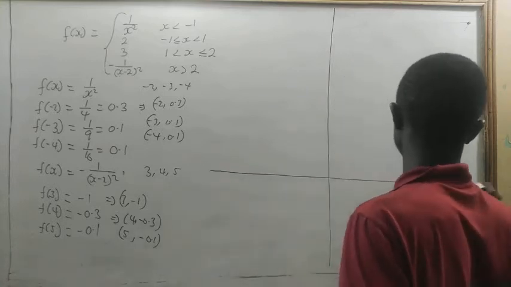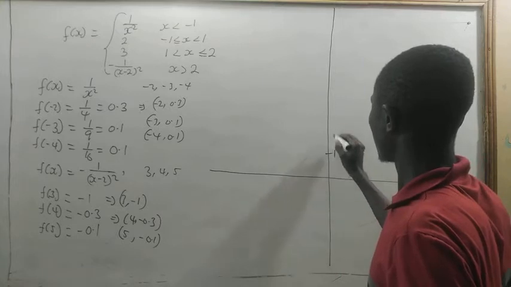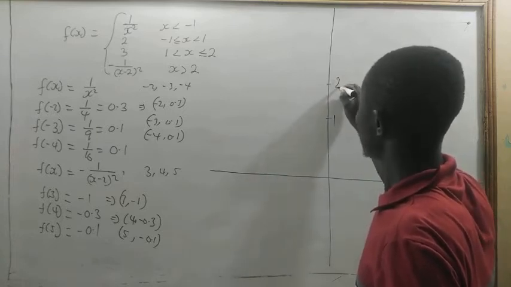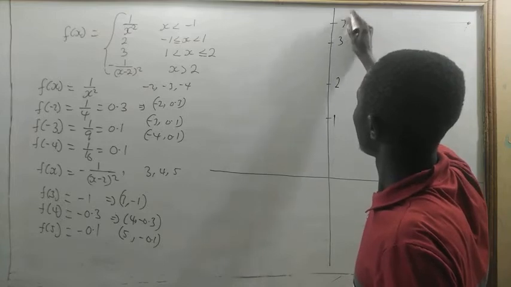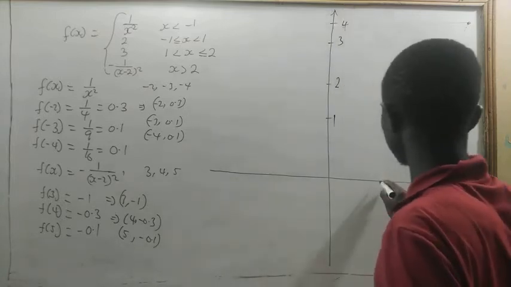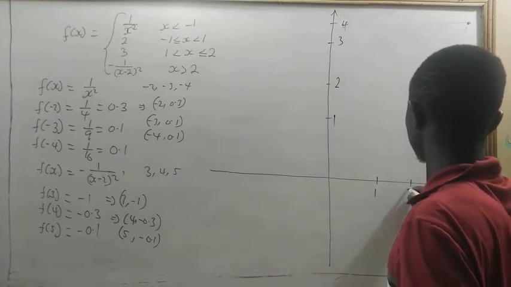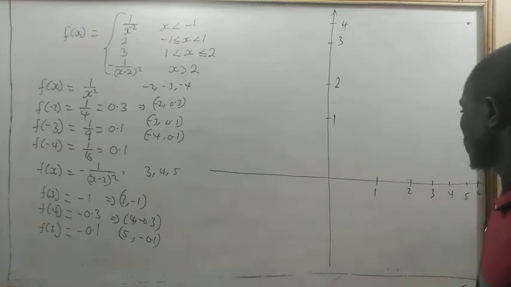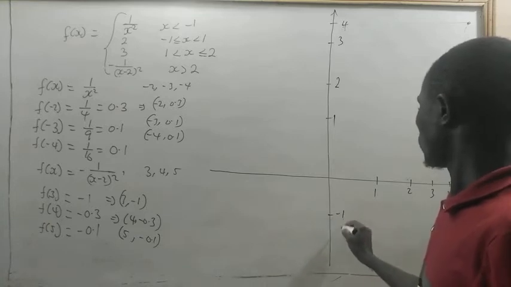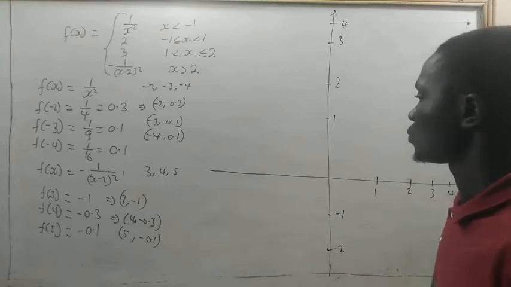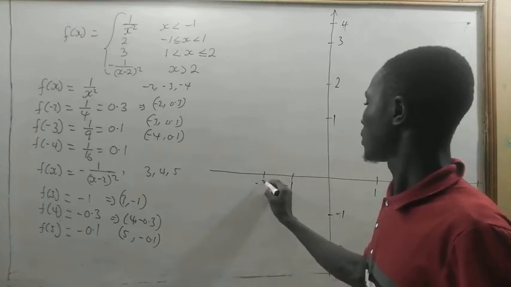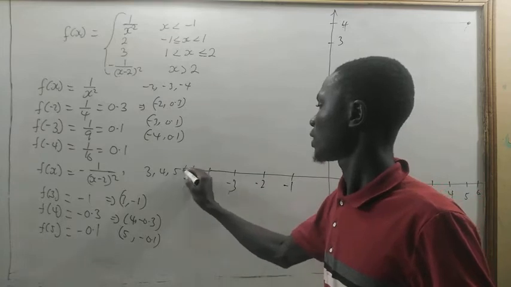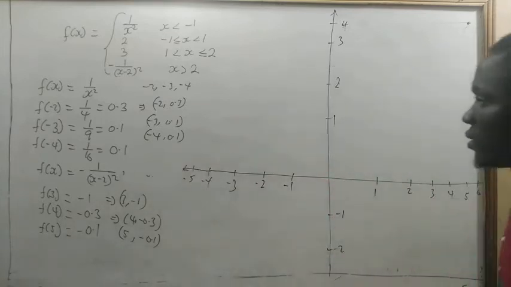So we have 1, 2, 3, 4 on the vertical axis, 1, 2, 3, 4, 5, 6 to the right, and here -1, -2, -3, -4, -5 to the left. Okay, so let's plot the values.